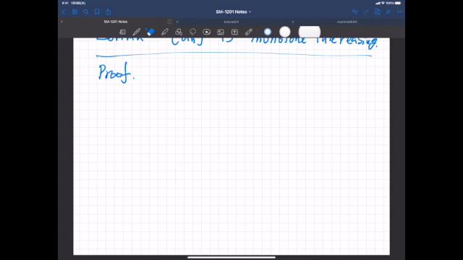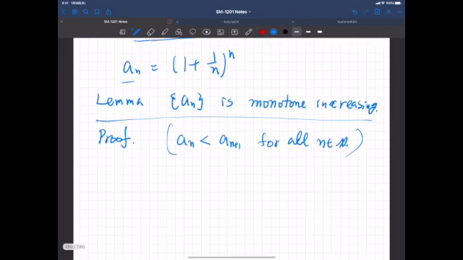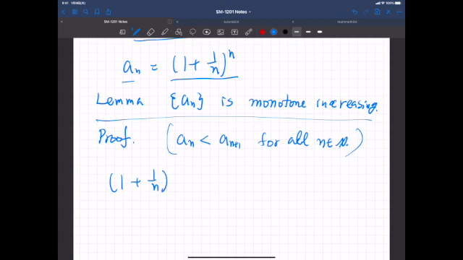First, we want to show that a_n is less than a_(n+1) for all n. That's what we want to show. Okay, first of all, let's apply the binomial theorem to this term, (1 plus 1 over n) to the power of n.